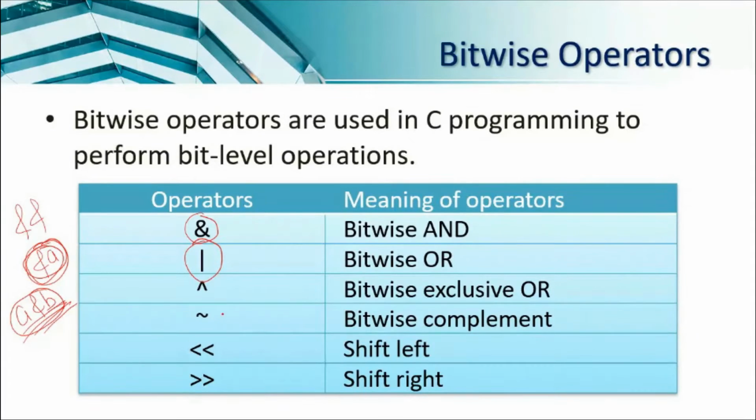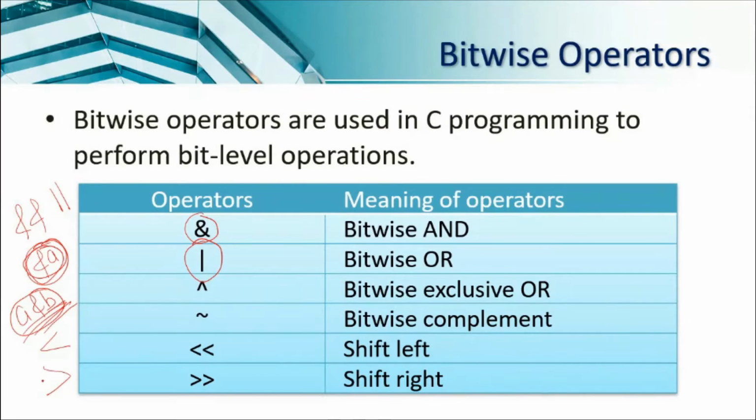Most of these, this ampersand, the pipe symbol, then the less than symbol and the greater than symbol, we have already used either in a double format, like ampersand we used as 2 ampersands, pipe symbol we used as 2 pipes. The less than symbol, instead of shift left, we used as a conditional, a relational operator.